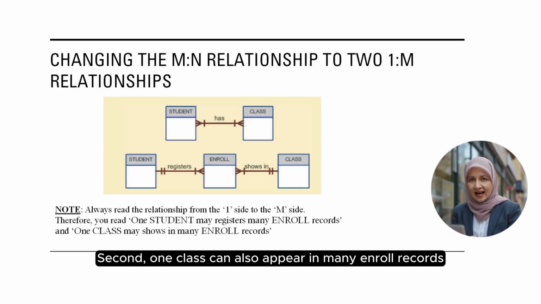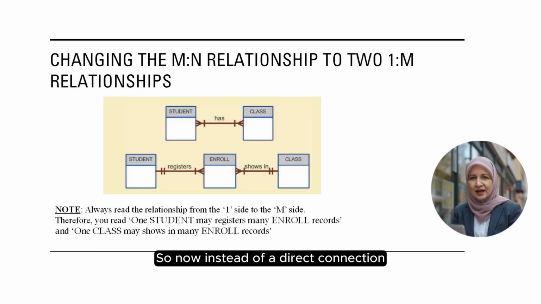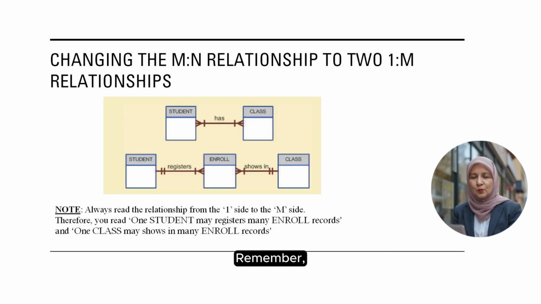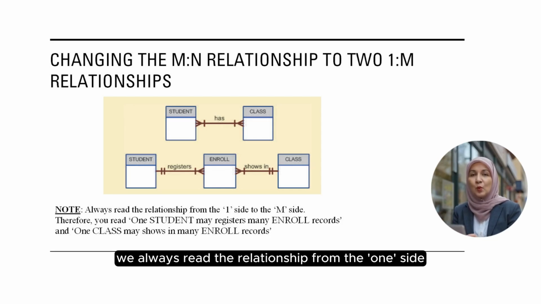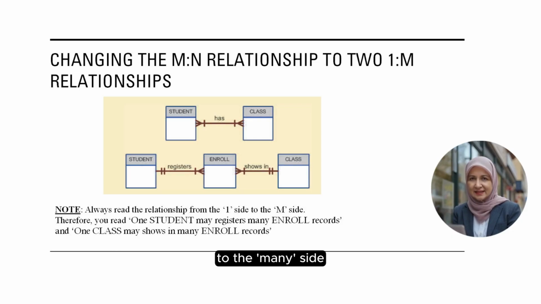Second, one class can also appear in many enroll records. So now, instead of a direct connection, student and class are linked through enroll, making the relationship easier to manage and suitable for a relational database. Remember, we always read the relationship from the one side to the many side.